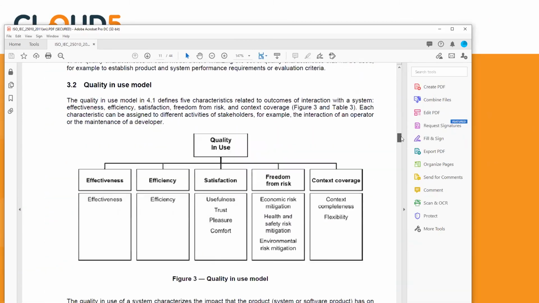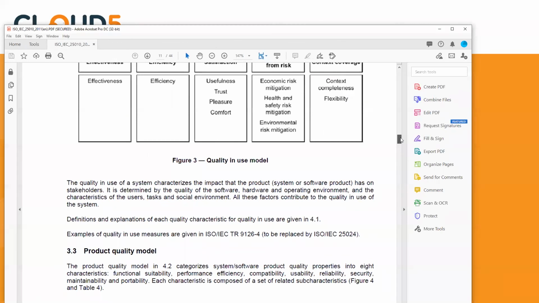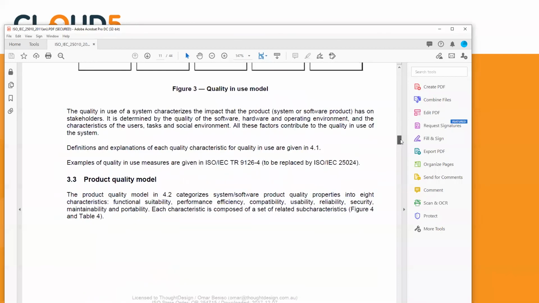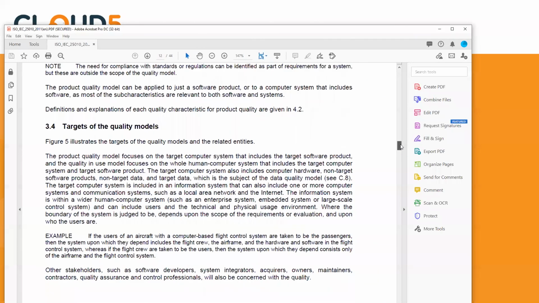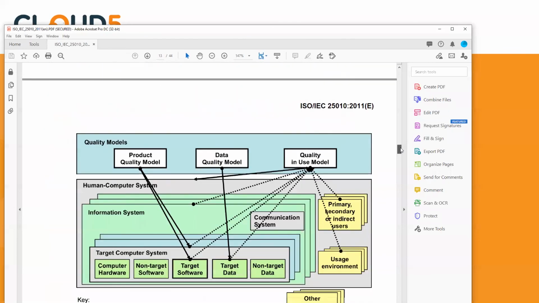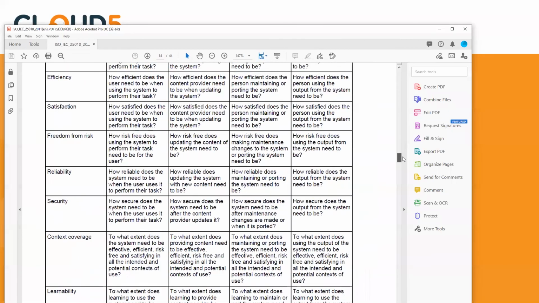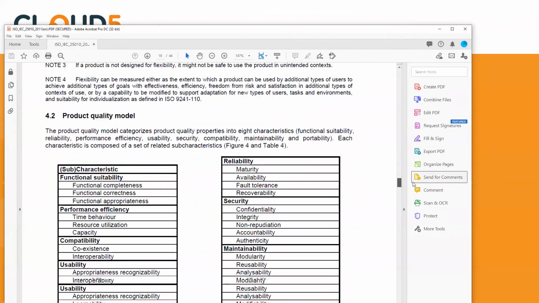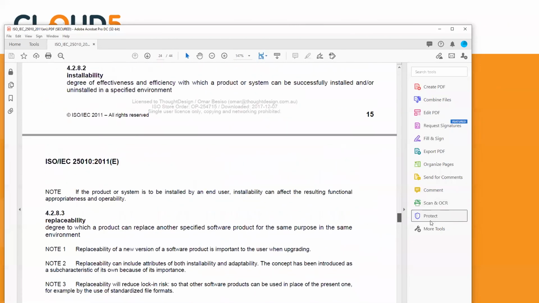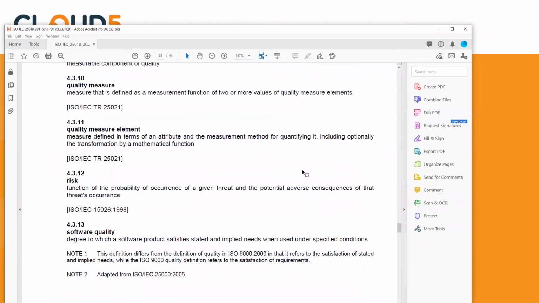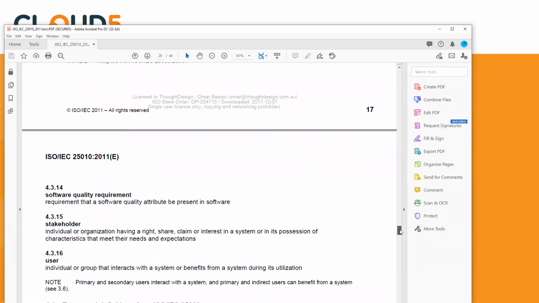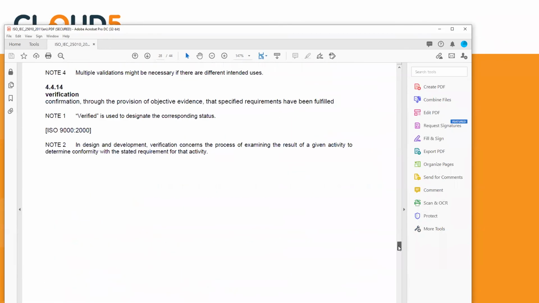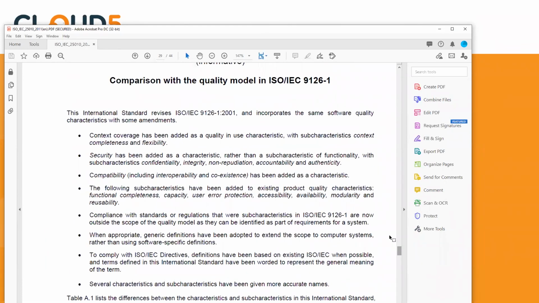Compare this to what I just showed you. Look at how many metrics got added since 9126. So not only are we not doing 9126, but we now have at least 40 other metrics to look at, and each one of them with its own science on how to measure. And that's the only way you can get your software ISO certified.